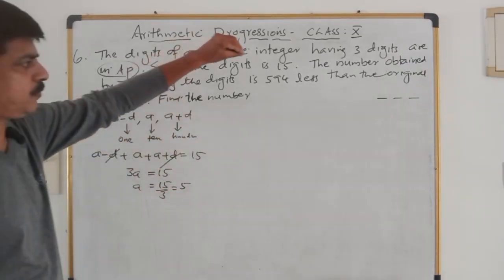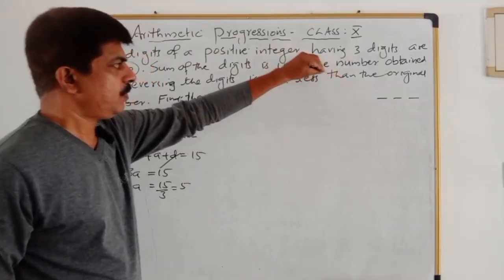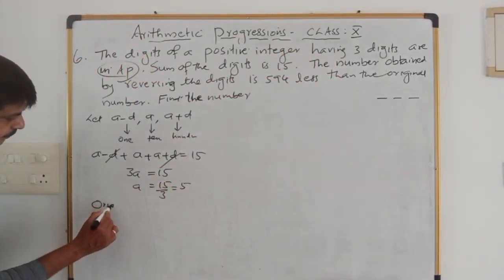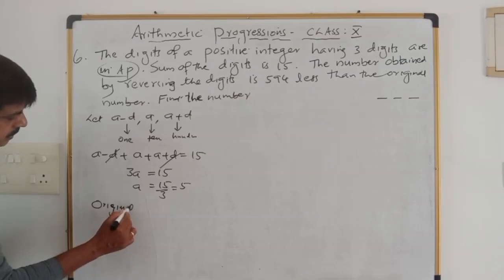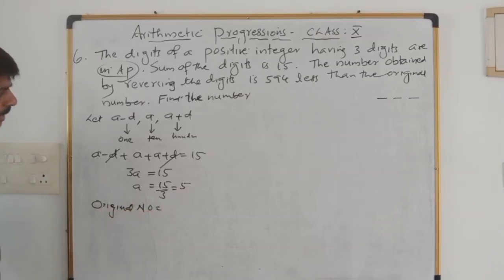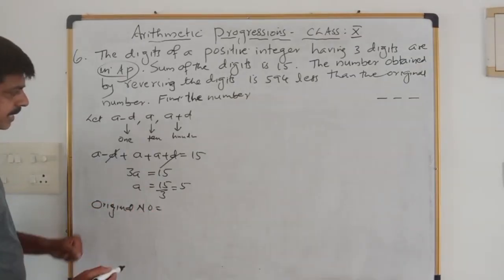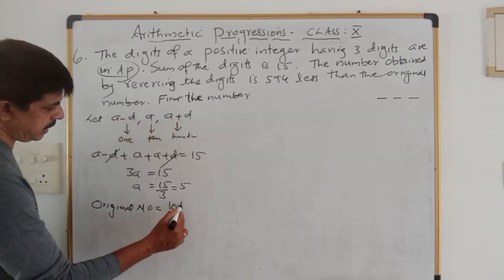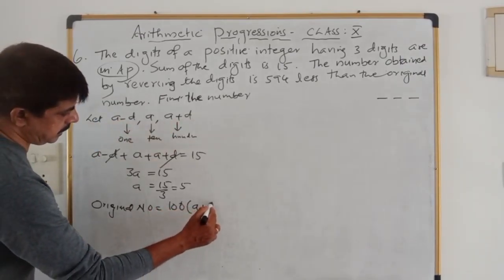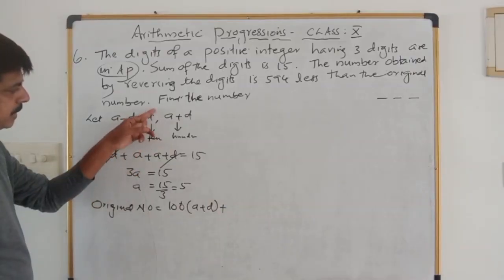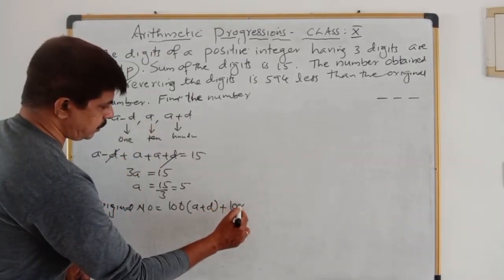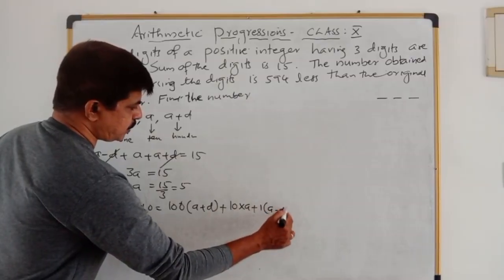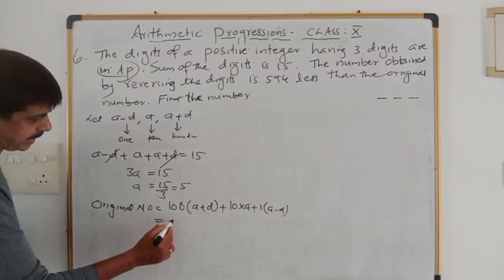Now we have to form 2 numbers. First, the original number. Since the hundreds place is a plus d, we get 100 into (a plus d), plus tens place digit a, 10 into a, plus ones place digit a minus d. When you simplify, we get an expression.